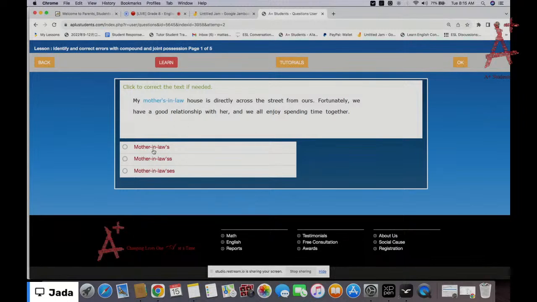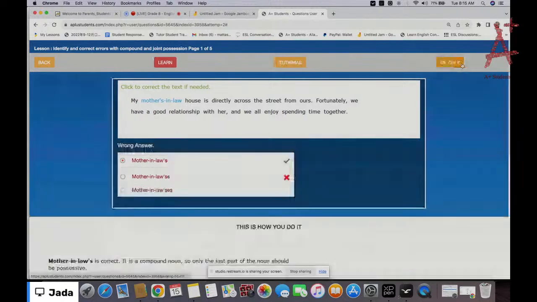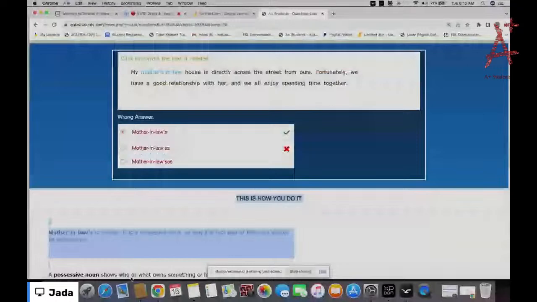You cannot put the S, S, S, E, S. That's gonna make it all wrong. You just need to put your apostrophe and then just one S. But in case you click on this one with the double S, you're gonna get it all wrong. And when you get it wrong, just take note that it shows you how you do it.